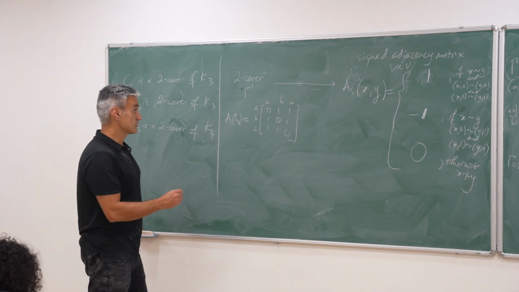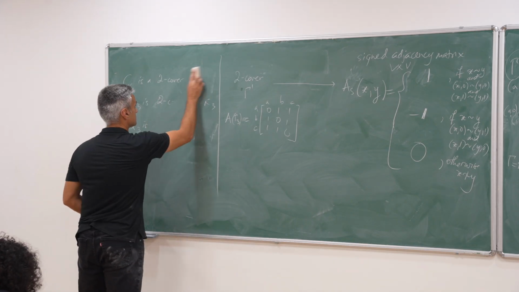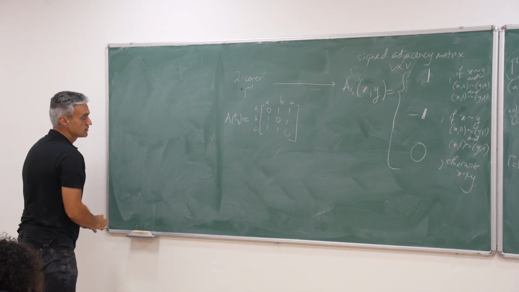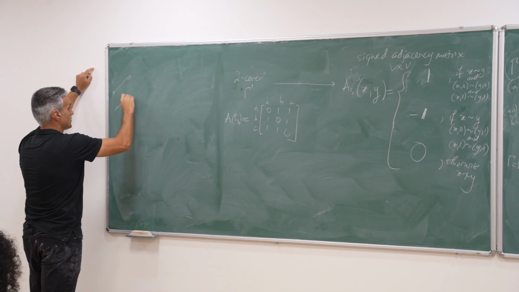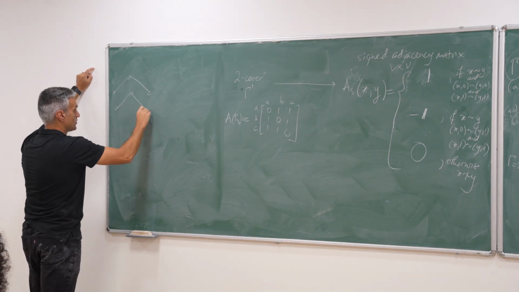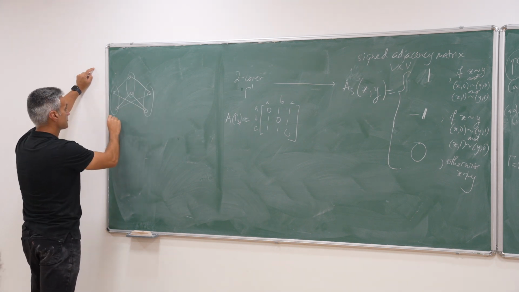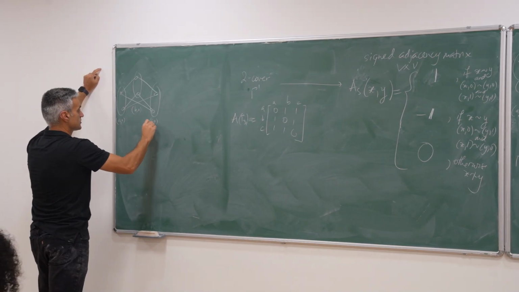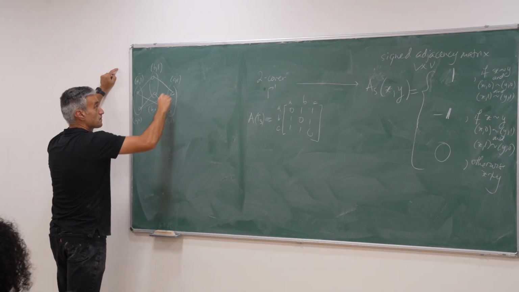Now, the sign adjacency matrix for that picture, so let me draw that picture again here. So this is A0, this is B0, this is C0, this is A1, this is B1, this is C1.